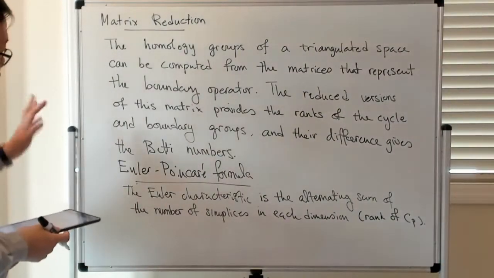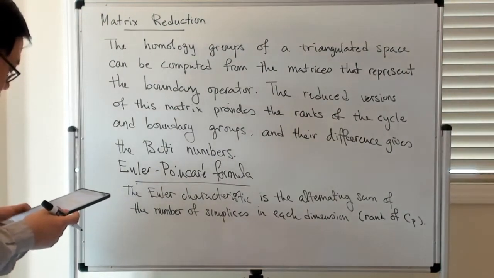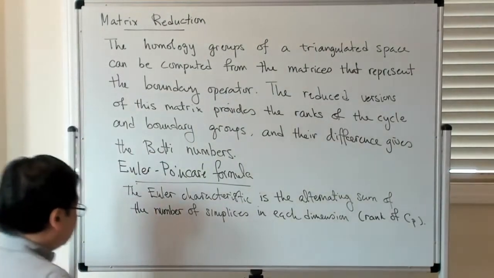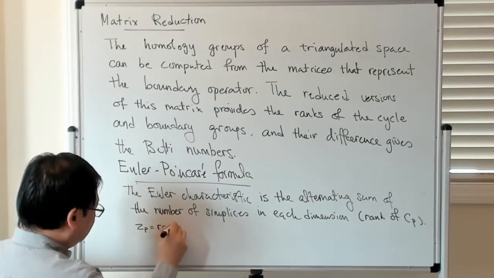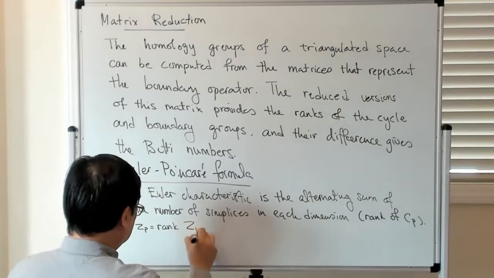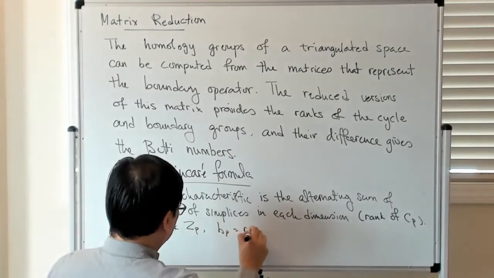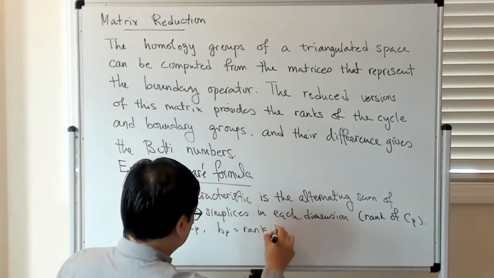So I'm going to write down a few letters corresponding to ranks of the cycle groups and the boundary groups, right? So I'm going to call little z_p the rank of the p cycle group, right? b_p is the rank of the p boundary group.